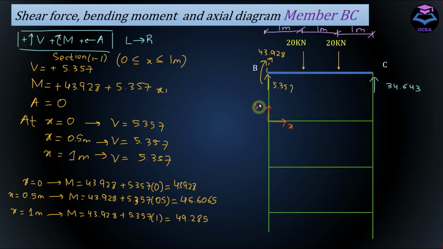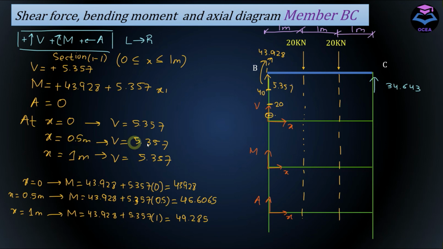We'll draw shear force here, moment diagram for this member here, and axial diagram here. So let's mark up the axes. Let's take 20 here and 40 here. And at x equals 0, shear force is equal to 5.357, which will be around somewhere here.